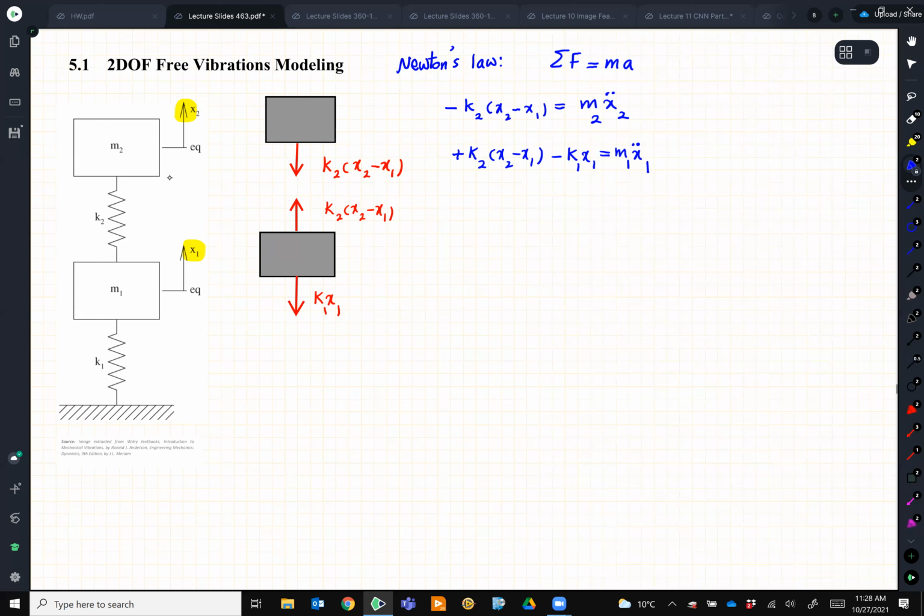So let's check to make sure there's no mistake here. We have minus, and this is m2, and this one is m1, and this is positive, this is negative.